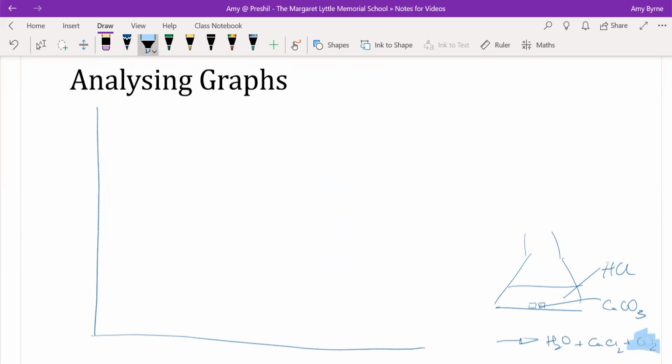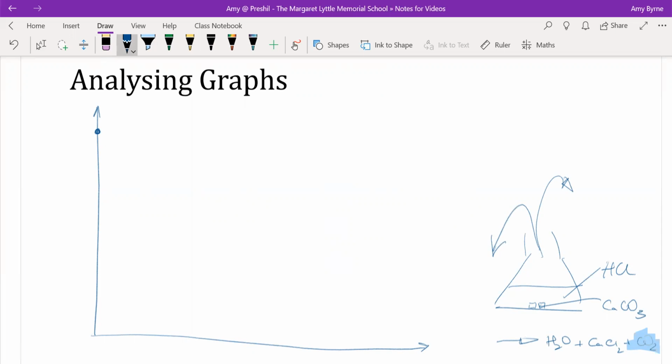So this is making CO2 gas, which, because it's heavier than air, leads to a decrease in mass. So when this reaction is first at time equals 0, it's going to have the highest possible mass that it will have.